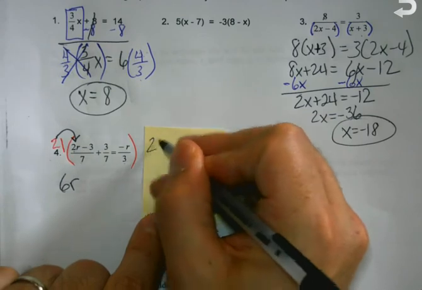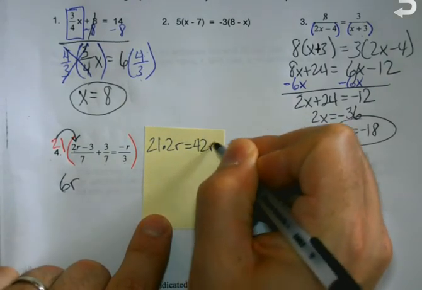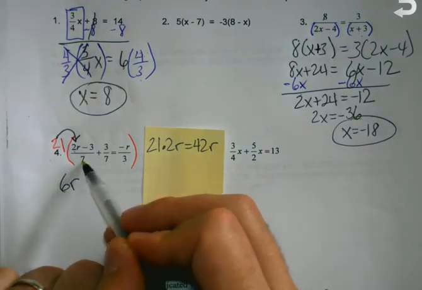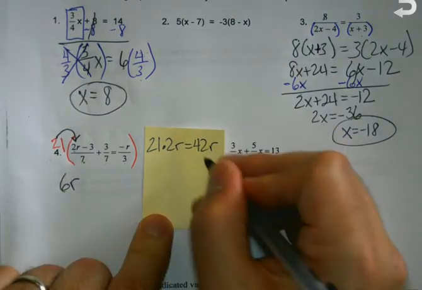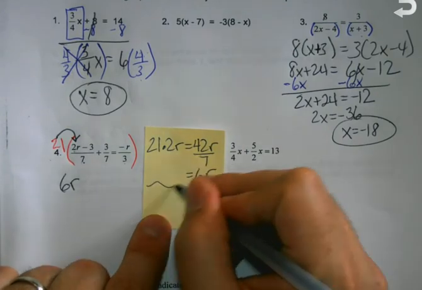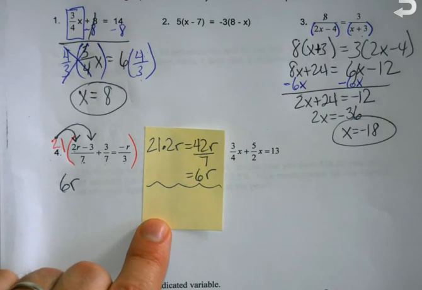I'm doing 21 times 2r. So that's 42r on this first one. And then you always divide by what's in the bottom of your fraction. And I'm going to do that for each one of these terms all the way through.